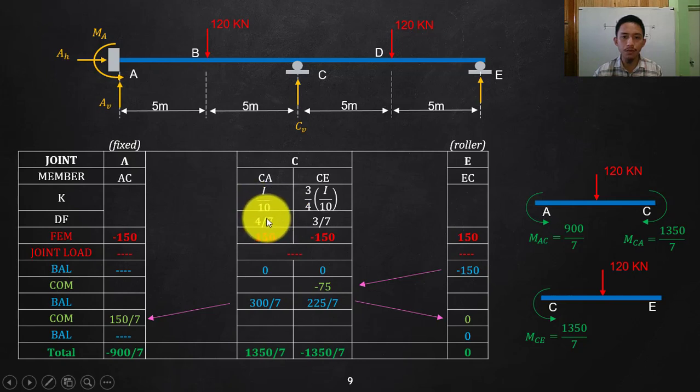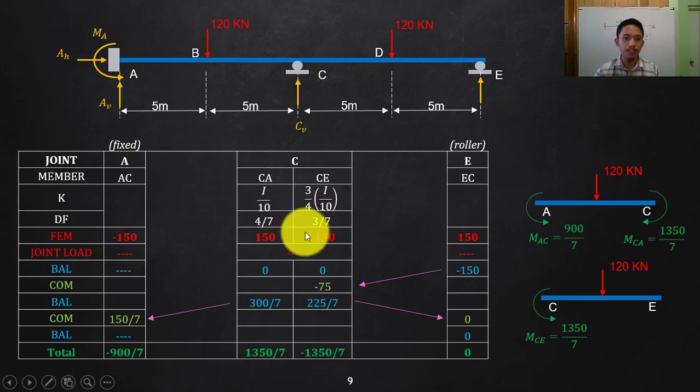That will be simplified as 4 over 7. And then doing the other way, the stiffness of this divided by the total stiffness, then that will be 3 over 7. So that is now our distribution factor. So that means if there is an excess moment at C, 4 over 7 of that will be going to CA and 3 over 7 will be going to CE. Okay?